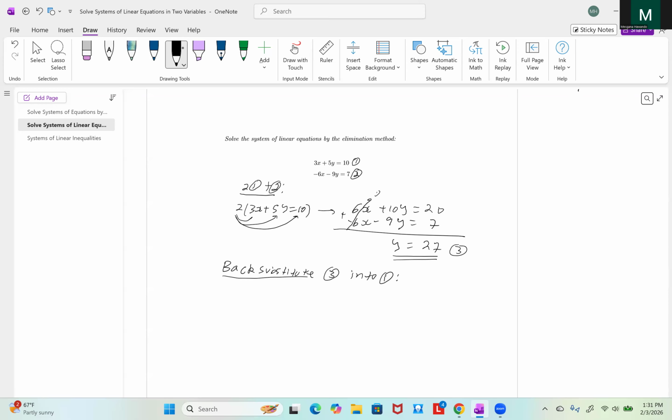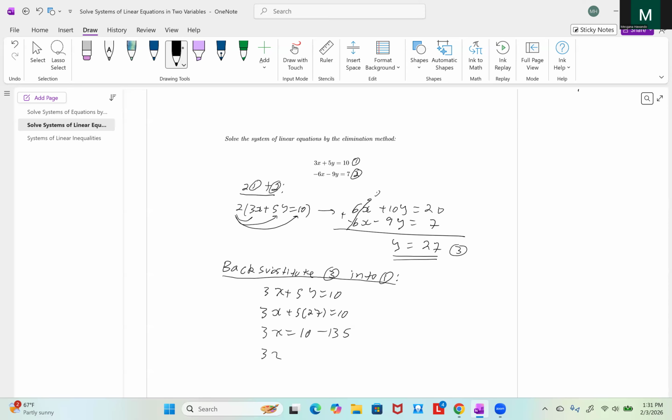Okay, so equation 1: 3x plus 5y is equal to 10. 3x plus 5 times 27 is equal to 10. 3x is equal to 10 minus 5 times 27, which is 135.